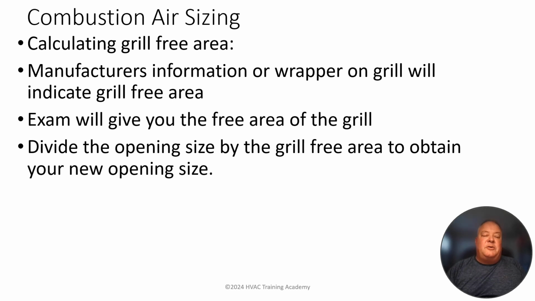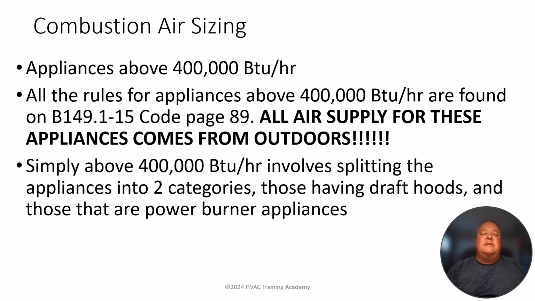I'm trying to remember whether I put another slide in here or not. No, I didn't. So just to carry on from that last slide, if we knew our opening size was 125 inches squared for that application, and we had, let's say, a 60% free area grill, you need to divide 125 by 0.6. If you multiply, you will get a wrong answer. Trust me.